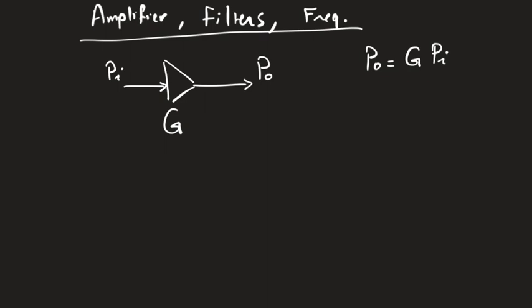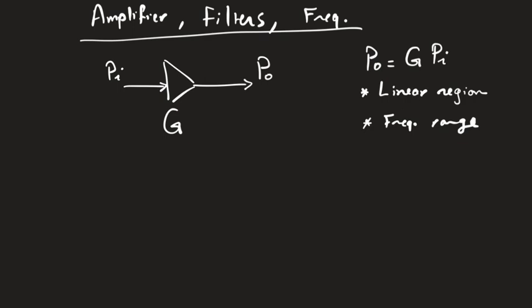However, it's doing this under two conditions. Number one, that you are operating in the linear region of the amplifier. And number two, that you are operating within the frequency range of the amplifier, okay?